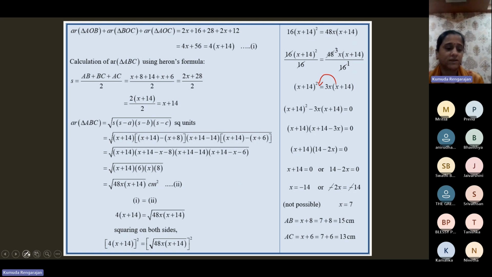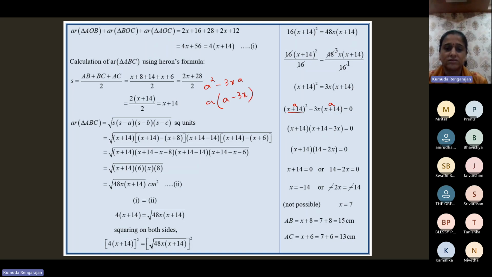Next, I take out x plus 14 common. This is like a squared minus 3xa. So what will you do? a is common. Then in the bracket, a minus 3x.